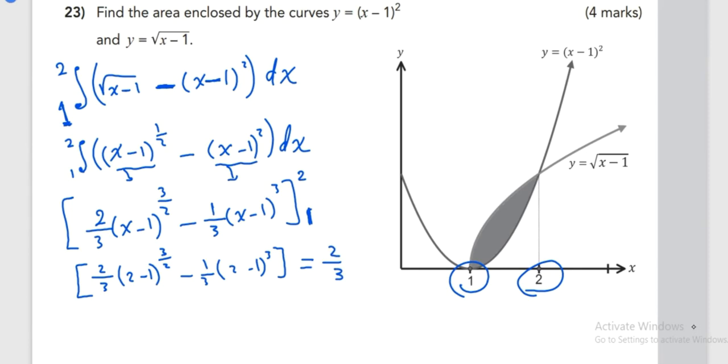The second one, 2 over 3 multiply 1 minus 1 all to the power 3 over 2 minus 1 over 3 multiplied by 1 minus 1 power 3 equal 0.